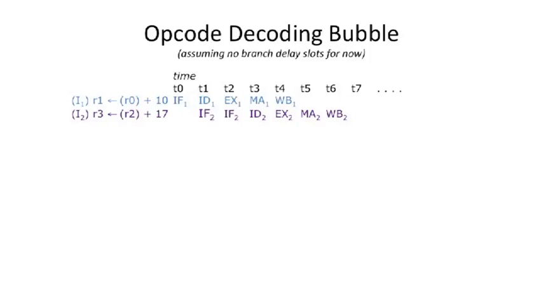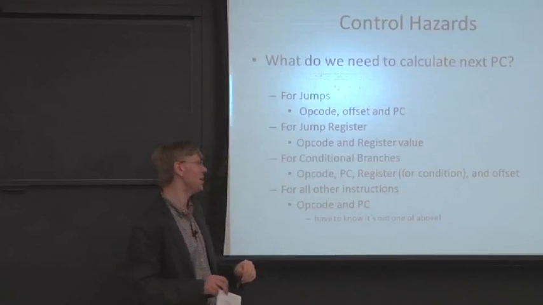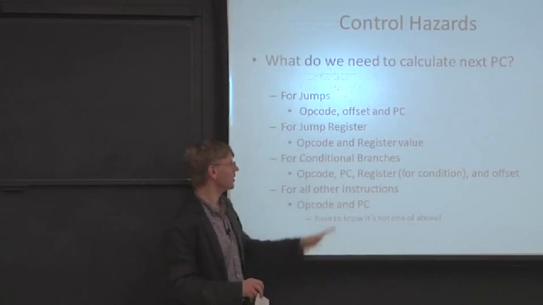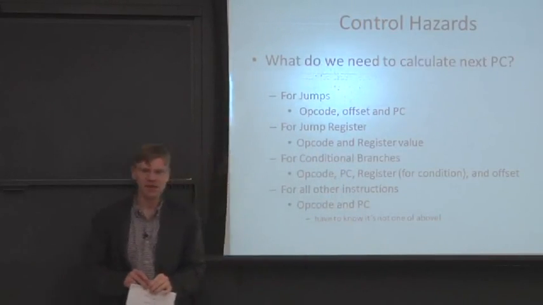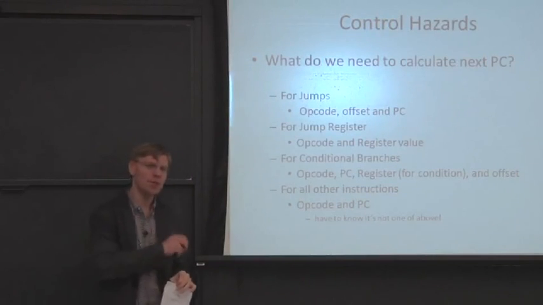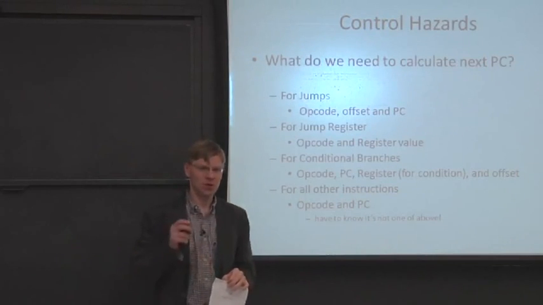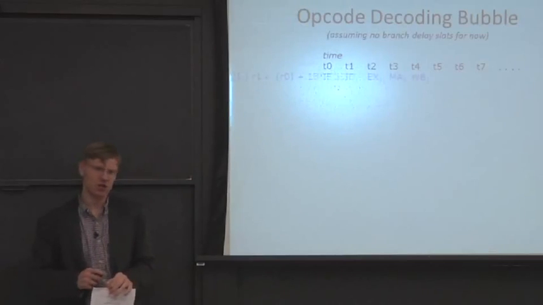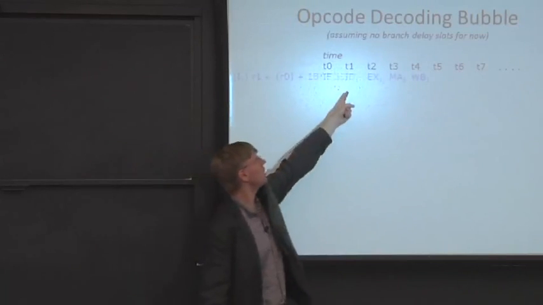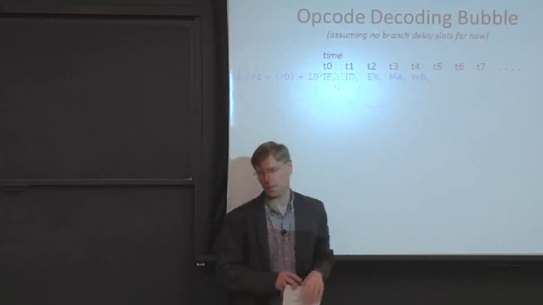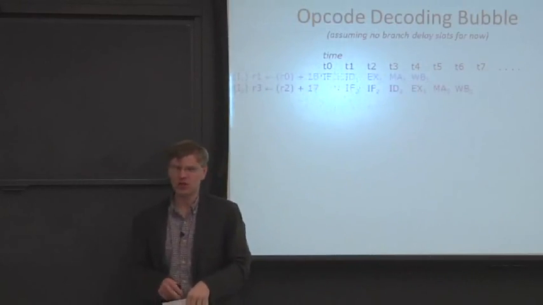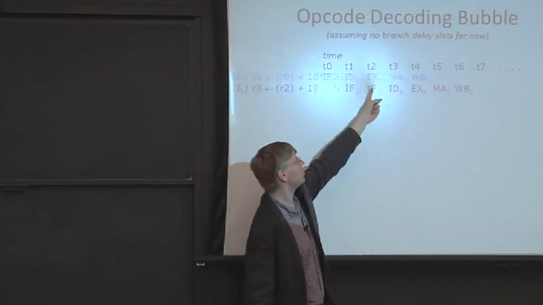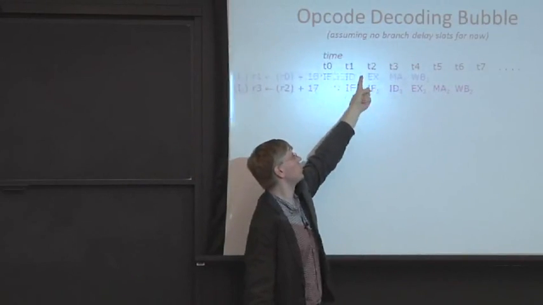That's kind of odd. Now, why do we not know this? Going back to this example, one thing that's common through all of these different cases is that they all need to decode the opcode. Well, where do we do the decoding of the opcode? We don't do that until the decode stage of the pipe, so we don't do that until here. And we're not able to use that information until the end of this cycle, which would be sort of here.